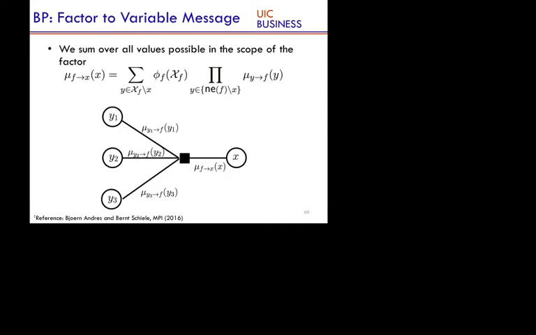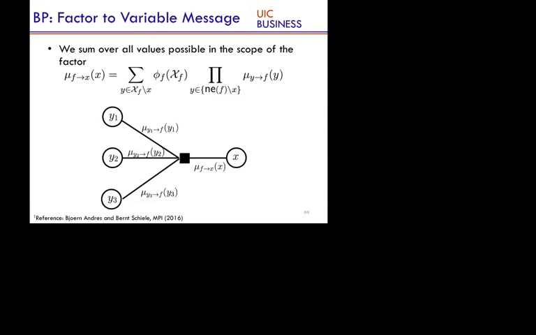So those are the 3 key blocks. First, initialize: if I have just a connection to one factor or one variable, how do I start sending a message? At any other part of the graph, I'll always have a factor connected to potentially two variables, or every variable node connected to at least two factors, and then I'm just saying how I can get a message from one side and send a message to the other side.